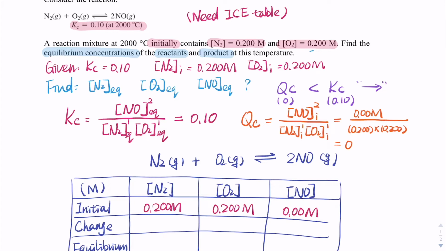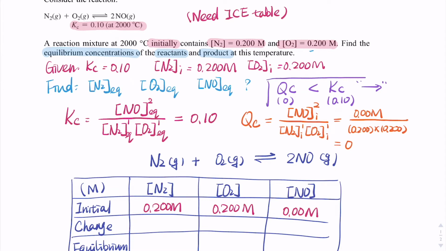No, you'll never have a negative number. It's always going to be a positive number. It matters whether it's a really small positive number or a big positive number, as it helps you know which direction the reaction goes. Anyway, in this case, once you have a 0, then no matter what, the reaction is going to go in the forward direction, because Kc is never going to be negative. So go forward direction.